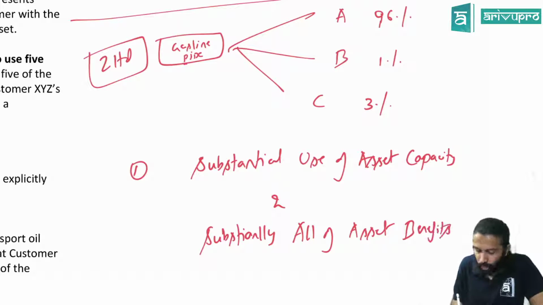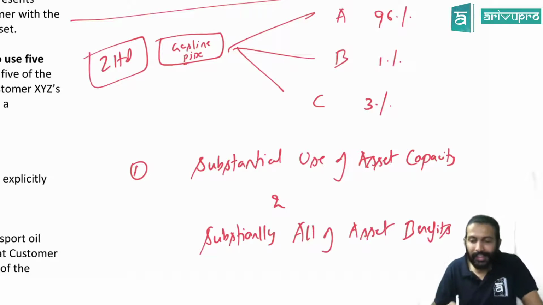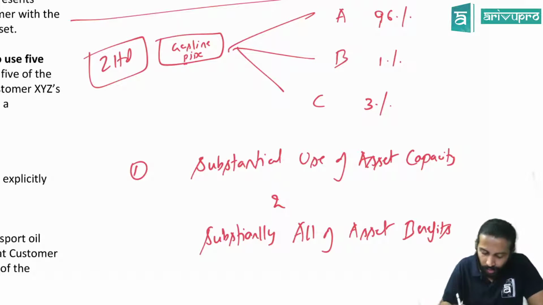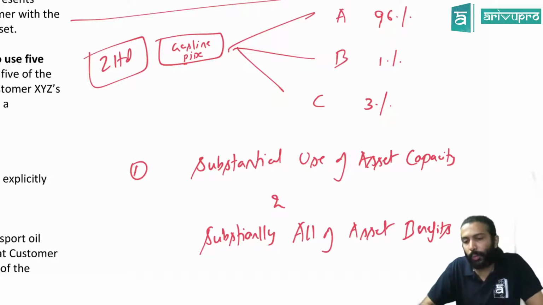The entity who is using the asset at substantially all of its capacity and is getting more or less all of the asset's benefit, for that entity it will be an identified asset, and a lease arrangement. For all other customers, in this case B and C, it will not be a lease arrangement.